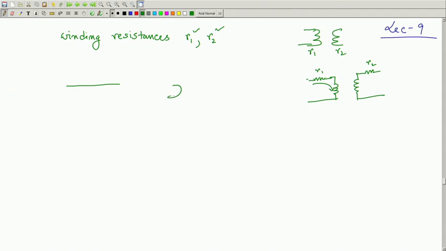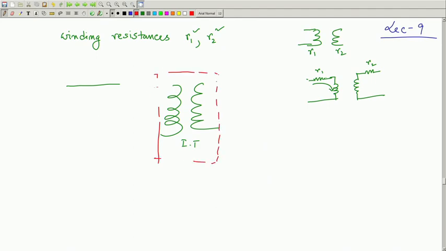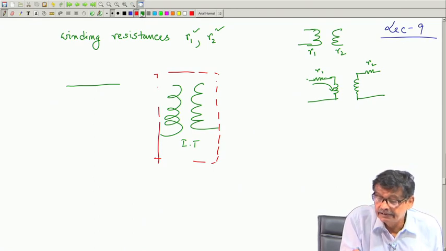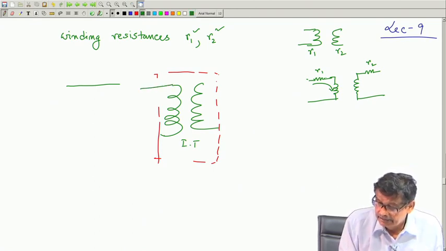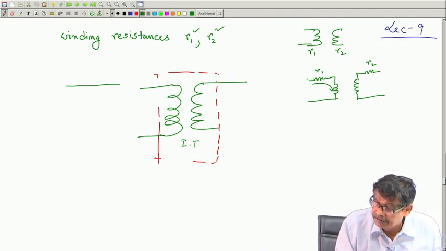Here I will draw the ideal transformer, and I will put a dotted box around it in order to indicate that, and then these are the terminals of the ideal transformer.